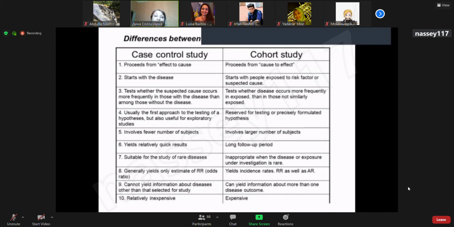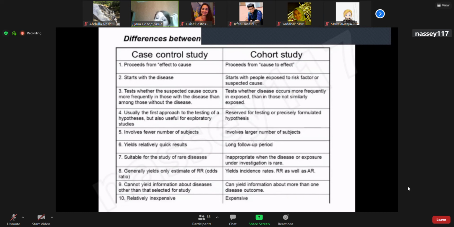In a case control study, the results are very fast to receive, and in a cohort study, it will take years or maybe decades. So for these reasons, case control study is suitable for investigation of rare diseases, and cohort study is inappropriate when disease or exposure, any of them, are rare.